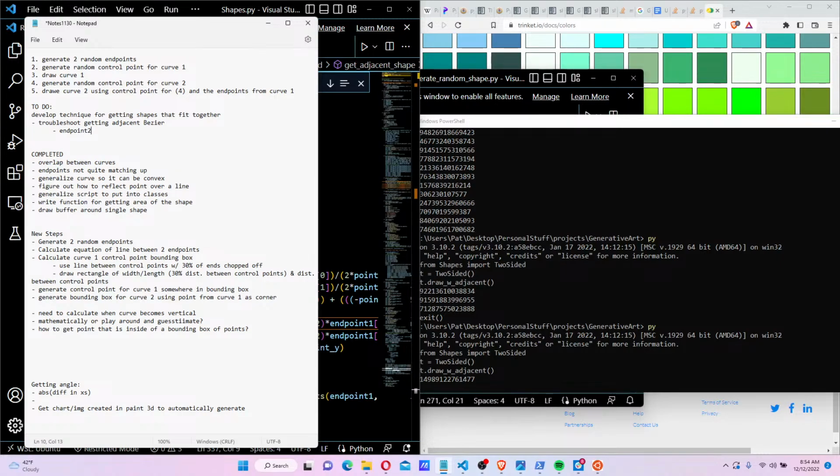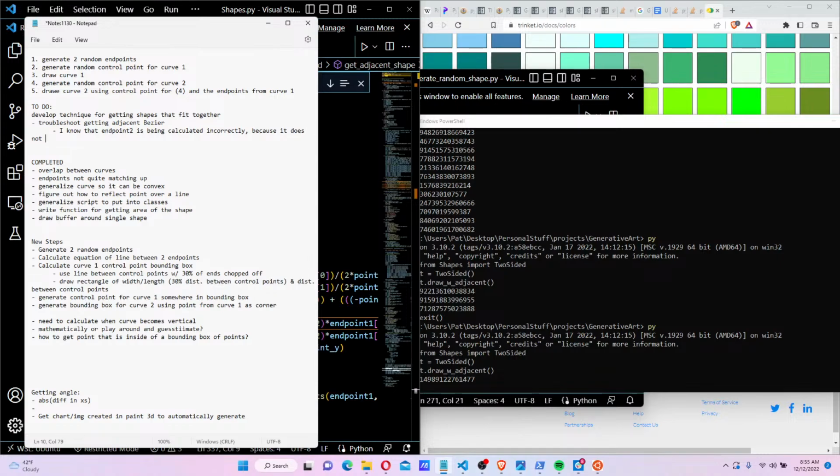I know that endpoint 2 is being calculated incorrectly because it does not lie on the boundary, the buffer.